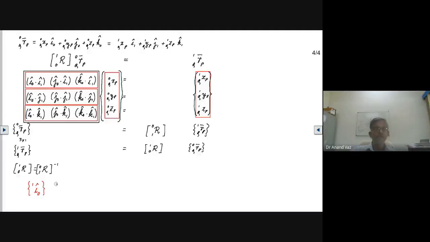And the second column is J naught resolved along directions of frame 1. And K naught resolved along directions of frame 1. So this is the same matrix. This is actually R 0 to 1.